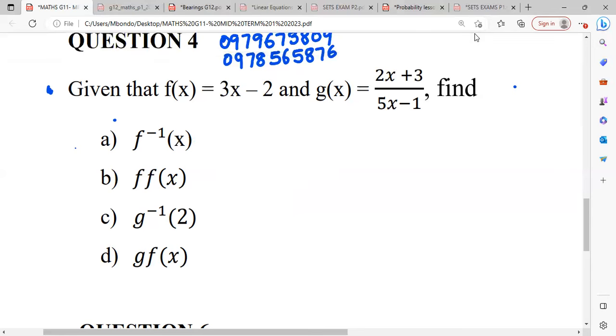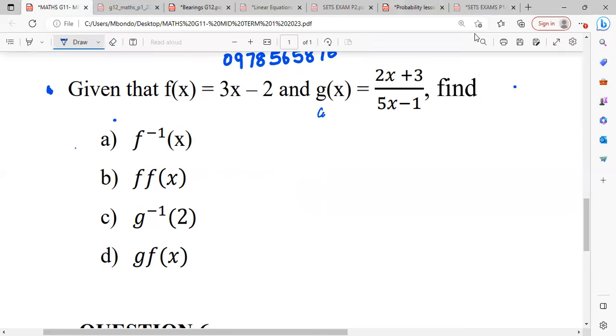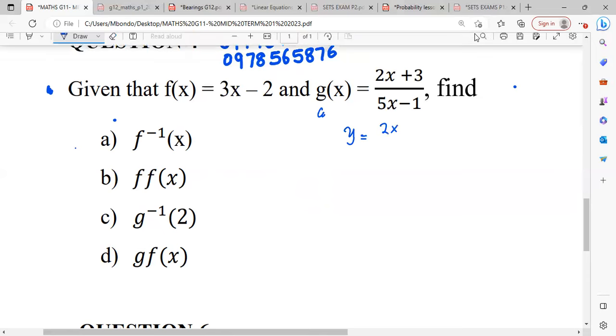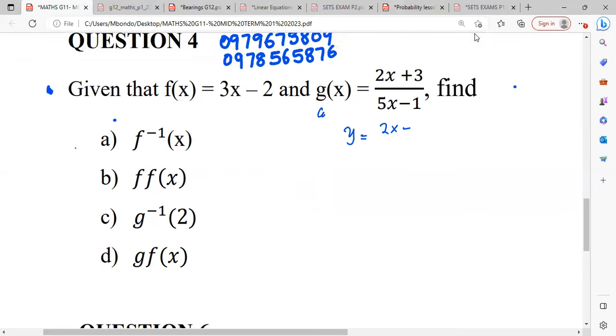How do we do that? The first thing that we are supposed to do, as you always know, is say let this be y. While there's g of x, we put y, and then we write the same function as it is. It will be 2x plus 3.